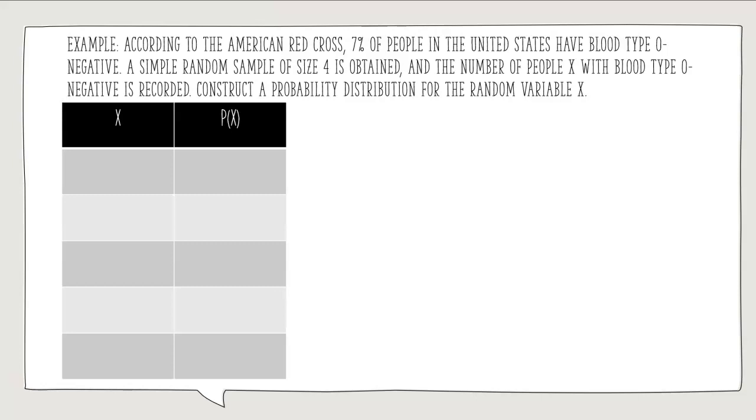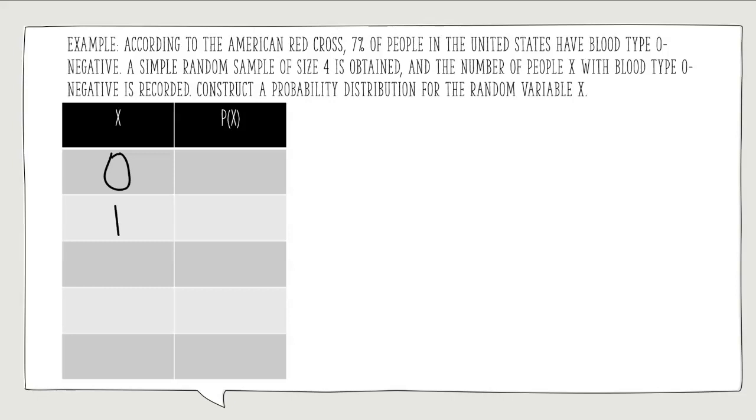So we want to construct a probability distribution, which means we want to list all of our possible outcomes of the 4 people selected, of how many could possibly be blood type O negative, all right? So if we think about it, if we select 4 people, it could be the case where none of them are blood type O negative, so that would be 0.